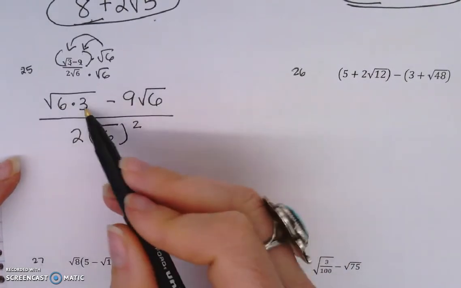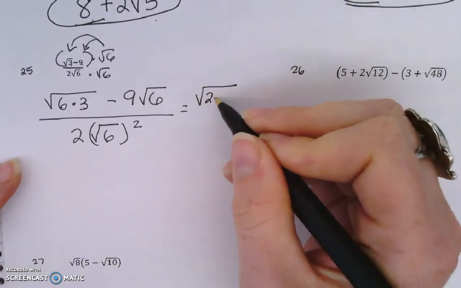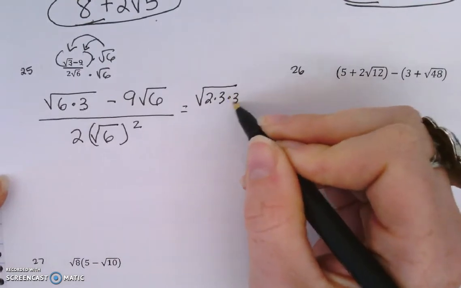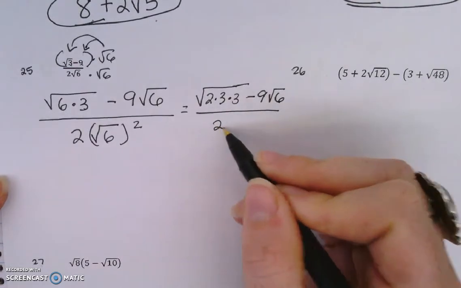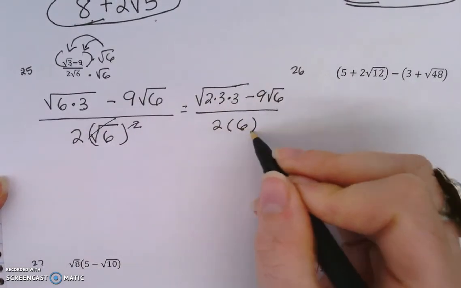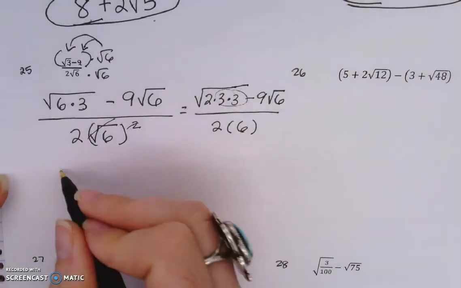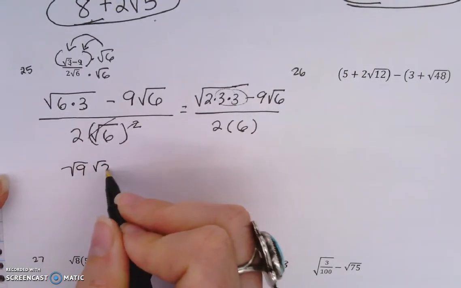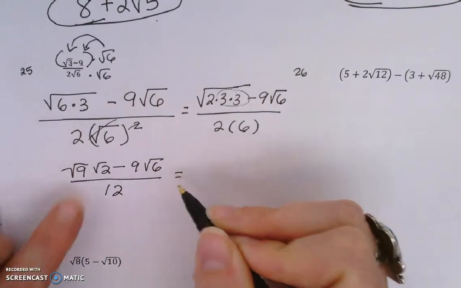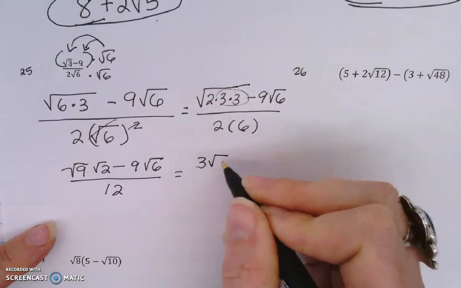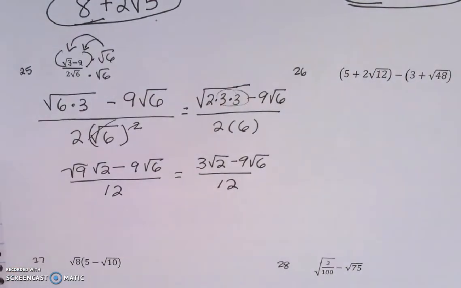From here, I know that 6 times 3 is 18, but I can also break this up into 6 as 2 times 3, and then times 3 again, minus 9 times square root of 6, all over 2 times square roots and squares cancel out, 6. This is 3 squared, or I can think about this as the square root of 9 times the square root of 2 minus 9 times the square root of 6 all over 12. Square root of 9 is 3, so this is 3 square root of 2 minus 9 times square root of 6 all over 12.